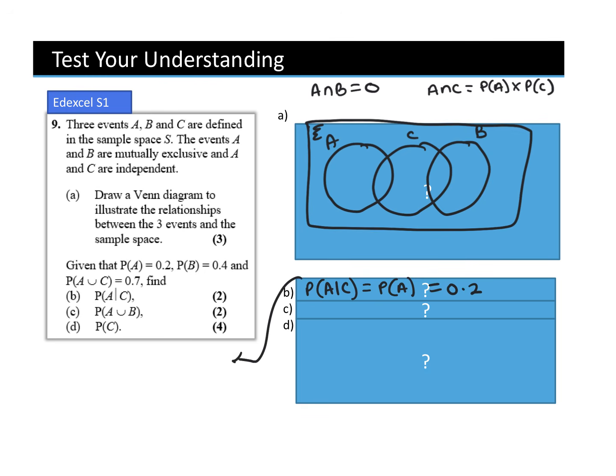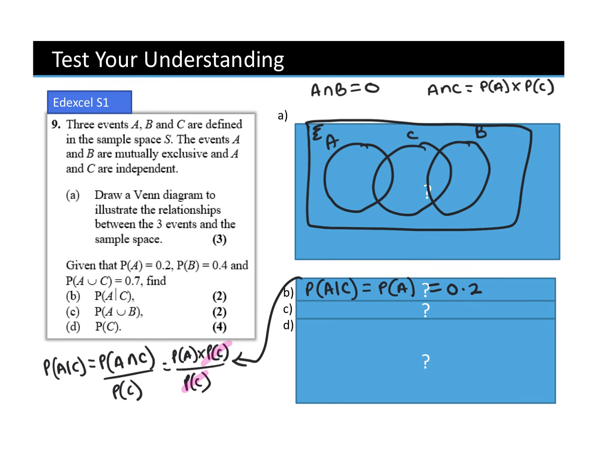Why is that true? Because they're independent, probability of A given C is the same as the probability of A intersection C over the probability of C. When they're independent, the probability of A intersection C is the probability of A multiplied by the probability of C, over the probability of C. The probability of C's are going to cancel.